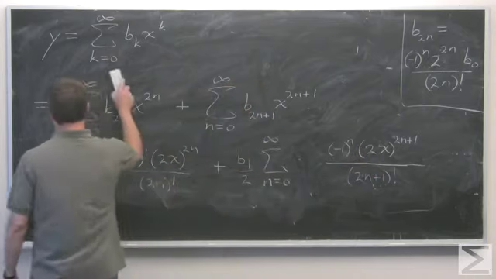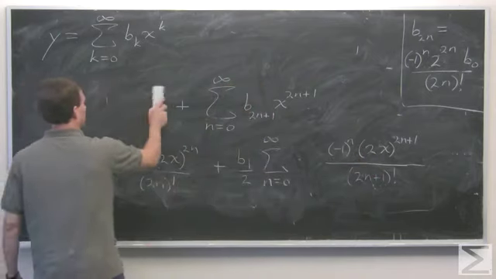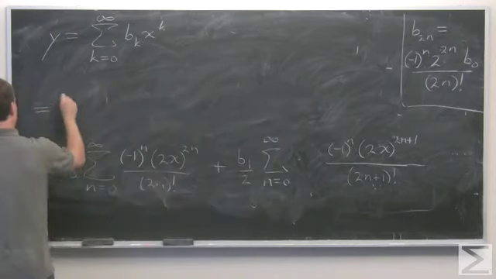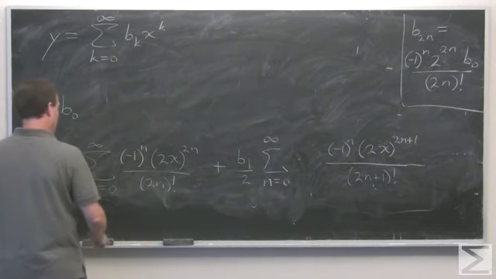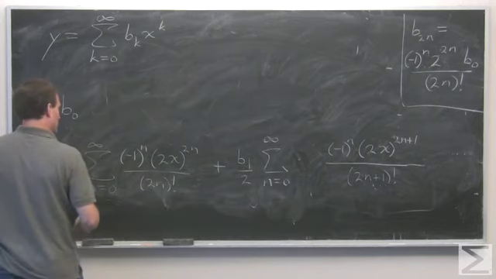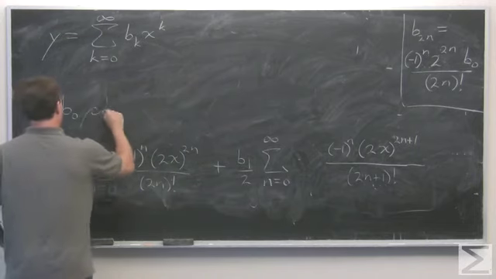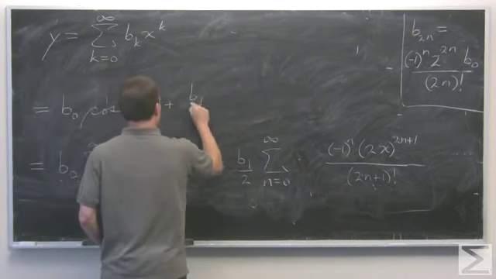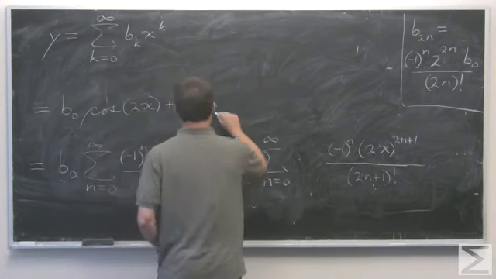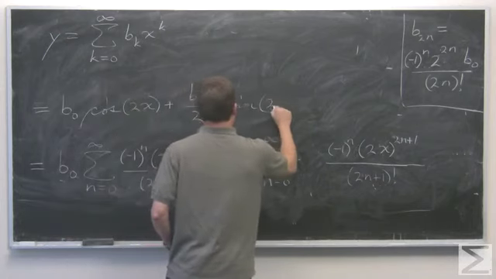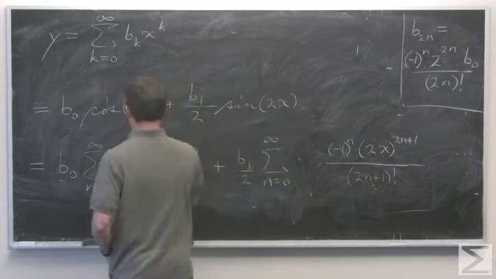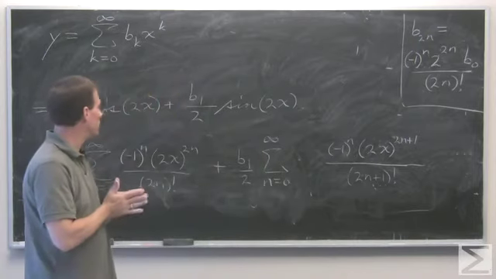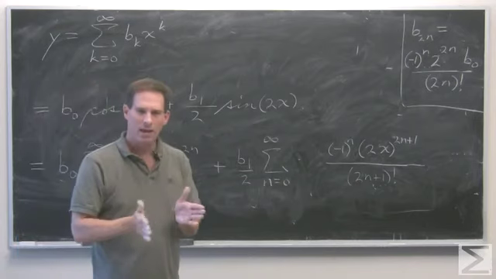So once again, after telling you many times that you shouldn't expect nice closed forms for the solutions, I have given you ones where you can, if you had to, do this. This is cosine of 2x, and this is b1 over 2 times the sine of 2x. And yeah, initial data would determine b0 and b1 for you. But without it, this is just the general solution where b0 and b1 are unknown constants.